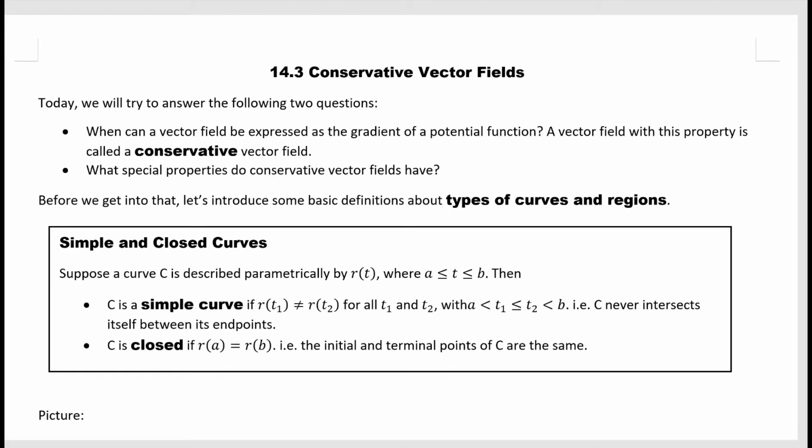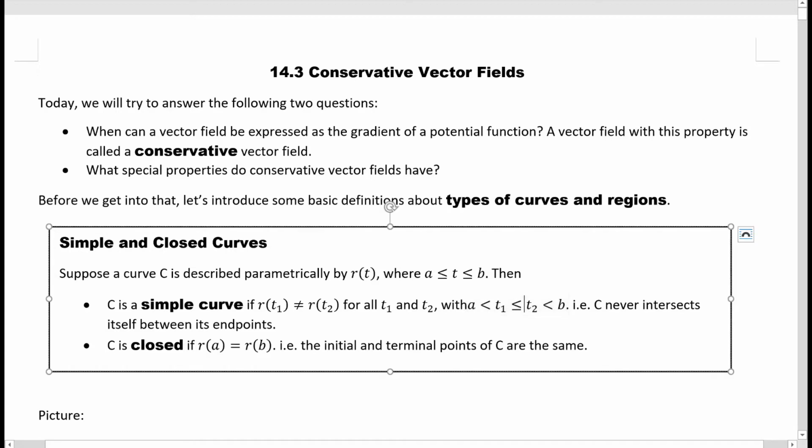Simple and closed curves. Suppose a curve C is described parametrically by R of t, where a is less than or equal to t, less than or equal to b. C is a simple curve if R of t1 is not equal to R of t2 for all t1, t2 which are distinct.